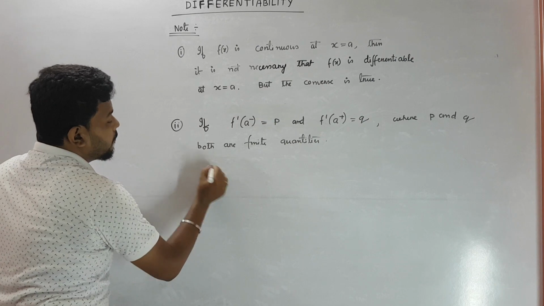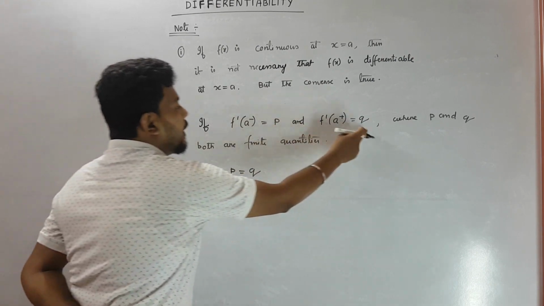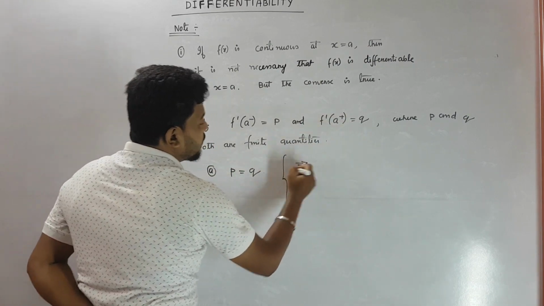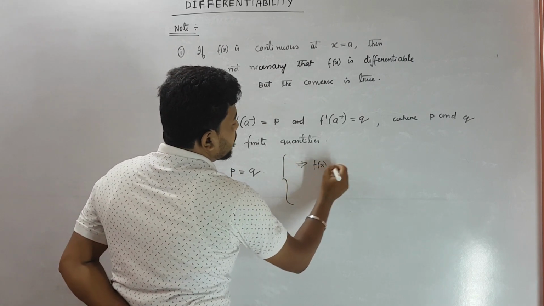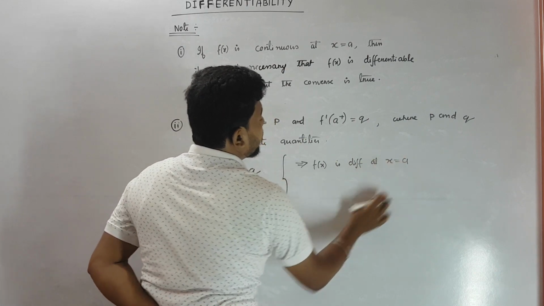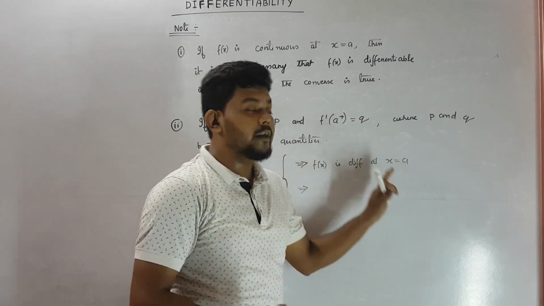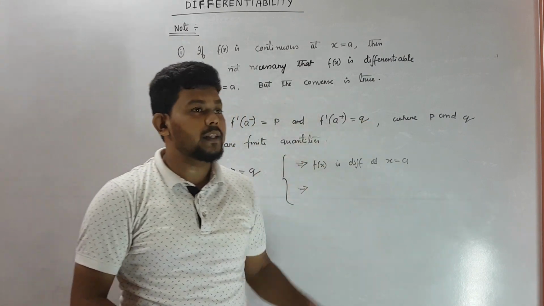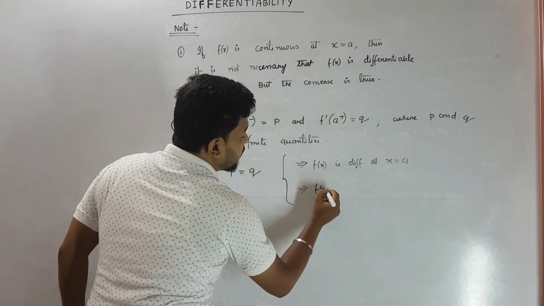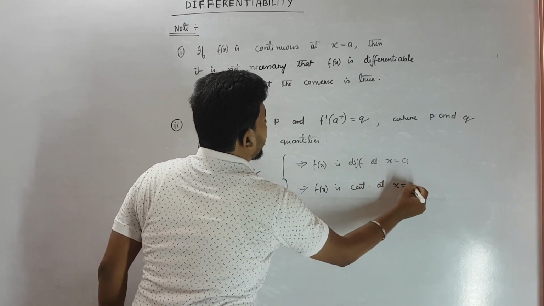Case A: if small p is equal to small q, that is, p and q are equal, then it implies f(x) is differentiable at x equal to a, and it also implies, as I have already said, when f(x) is differentiable at a point x equal to a, then f(x) must be continuous. So, it implies f(x) is continuous at x equal to a.